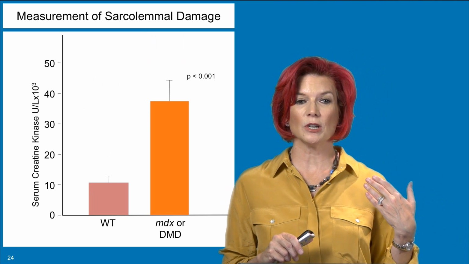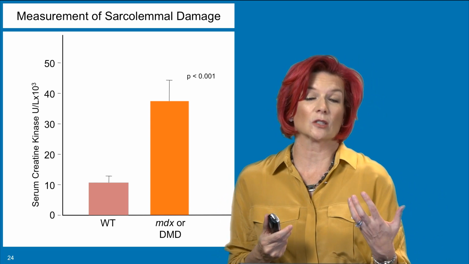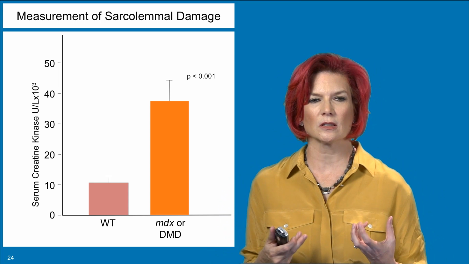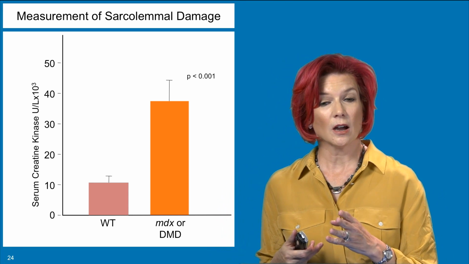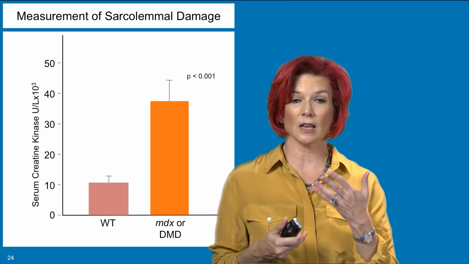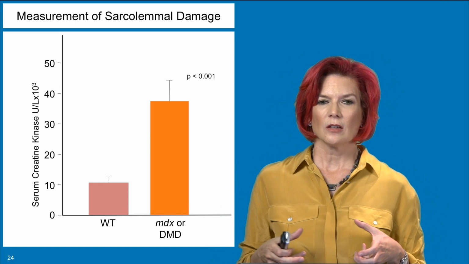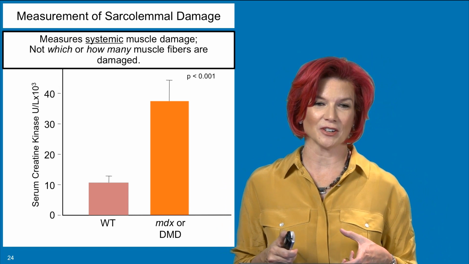Plotted is the serum creatine kinase in units per liter for both wild type and MDX or DMD samples. And you can see that there is a huge abundance of muscle-specific creatine kinase found in the blood of dystrophin deficient mice and humans. And that's due to the extensive muscle damage that's accumulated as a result of contraction-induced injury.